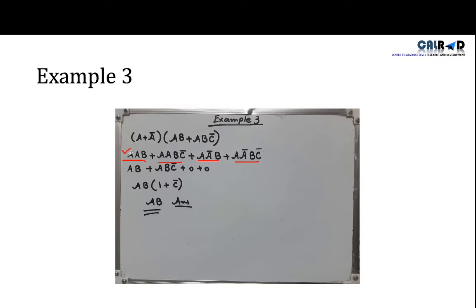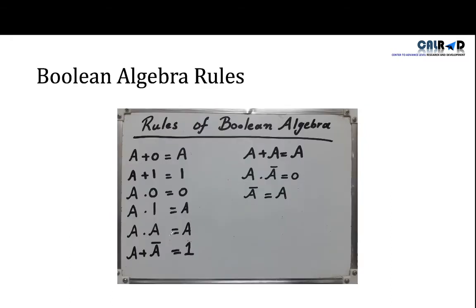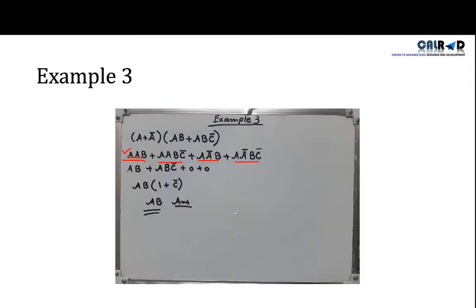Yes, because there is a rule for A into A. We are applying rule number 5: A into A is equal to A. So the output will be A into B.